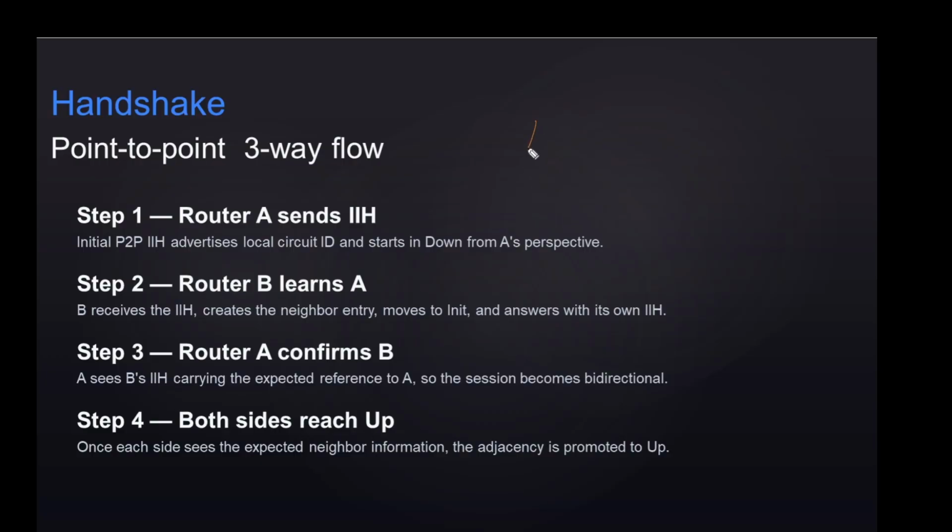If we have two routers, router A and router B, in step one, router A sends an IIH towards the MAC address that we saw on the previous slide. This is for a point-to-point network type, so we will use the well-known MAC address ending with 0005.